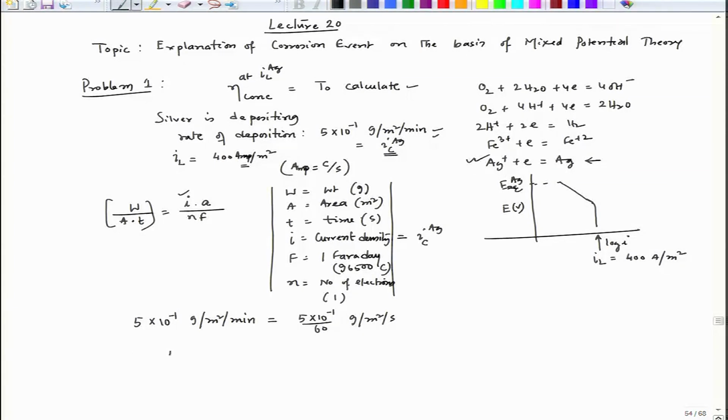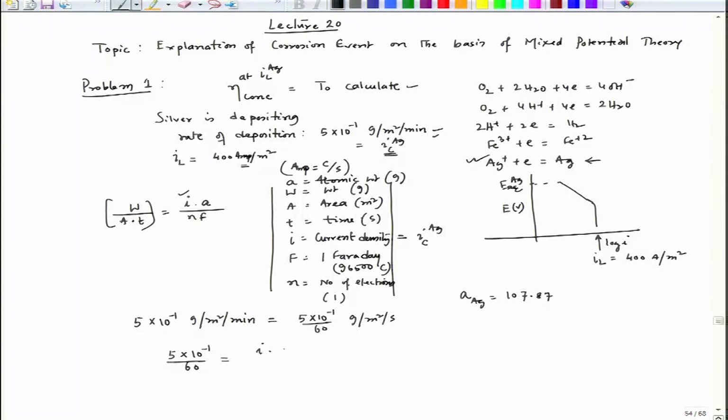So, 5 into 10 to the power minus 1 by 60 equal to I, and now here we missed one point. A is nothing but atomic weight of silver, also in gram, and A of silver equal to 107.87.